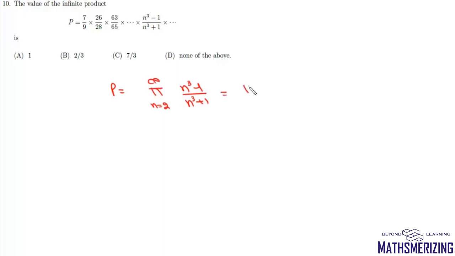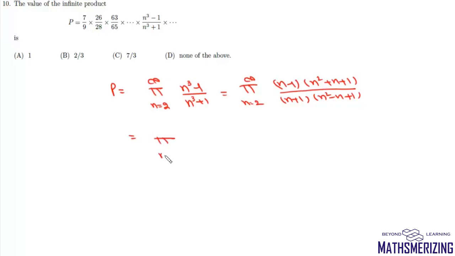Now we can write this as this product, and this is (a minus b)(a square plus ab plus b square), and here it will be (n plus 1)(n square minus n plus 1). So what we'll do is we'll split this product in two parts.